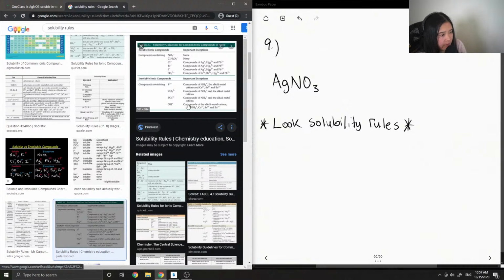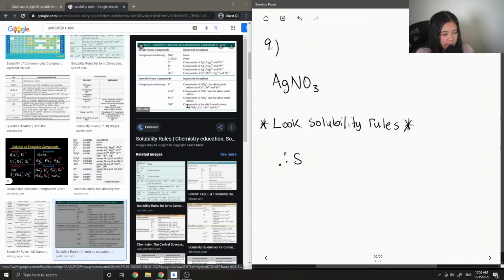Okay, so here. When you have a compound containing NO3, there are no exceptions. Since we have silver nitrate, we can say that this is soluble in water. However, if we had silver bonded with chlorine, bromine, or iodine, then it would be insoluble.